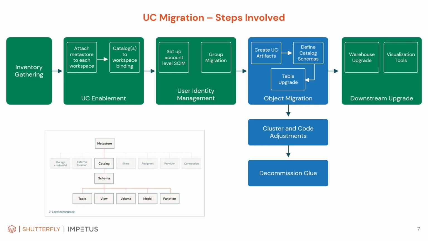And these were the steps that Impetus and Shutterfly went through for the migration: enablement, user identity management, the actual object migration. But what I want to focus on is maybe what's on the right side of the slide, which is cluster and code adjustments, downstream upgrades, and decommissioning Glue. So while these are not technically complex, the complexity lies in actually coordinating this cross-functionally with other teams, right?